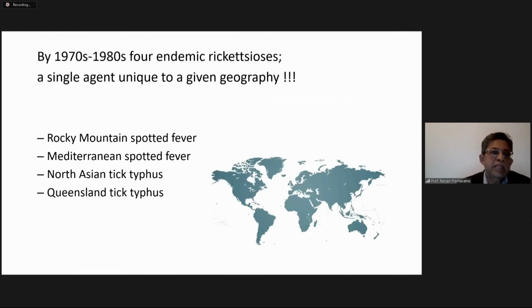Then by 1970 to 1980, they identified four rickettsial species unique to four different geographies.